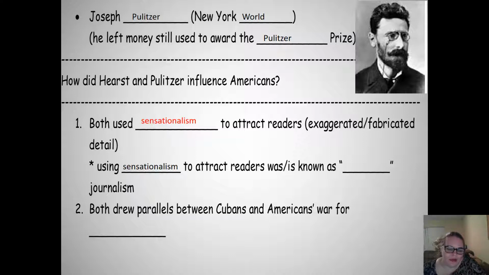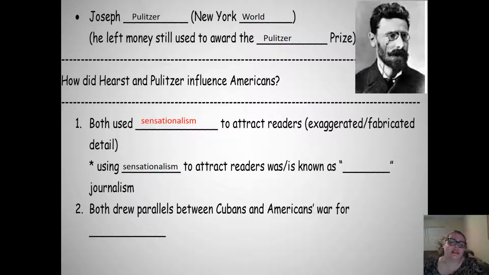You see this every day whenever you're in the supermarket and you look in the trashy magazines there. You know, I had an alien's baby or whatever the headline is. You know it's not true, but it's there to catch the reader's attention and to try to get you to buy the paper. Okay, so it's exaggerated. They take a fact and they stretch it out of proportion, or they just make up facts altogether.